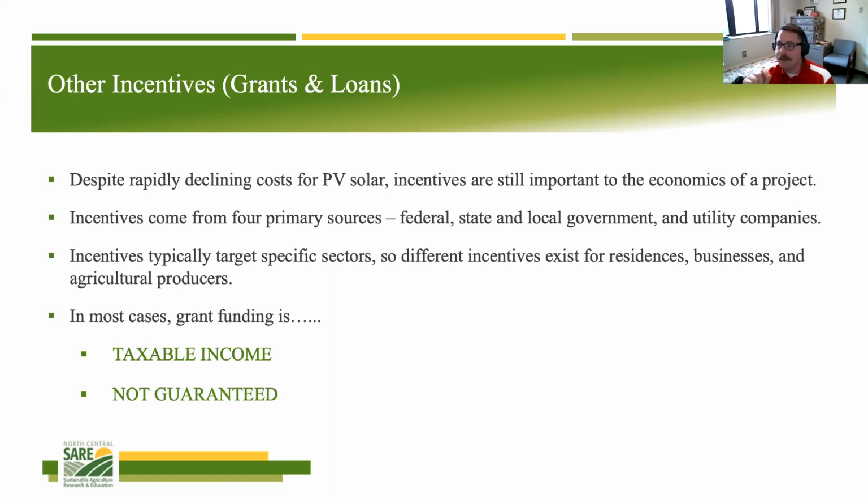Utilities sometimes do have their own incentives, and it's worth it to ask, but don't think that everyone has it. There's only one utility in Nebraska that has an additional incentive, and that is a capacity-based incentive. If you live in the Lincoln area for Lincoln Electric Systems, they will give $375 per kW of installed solar as a one-time payment, depending on which direction it's facing.